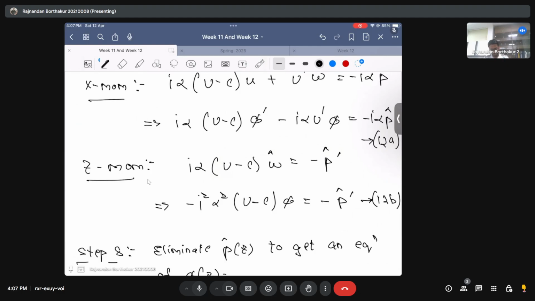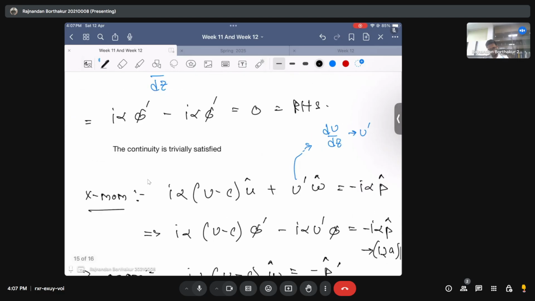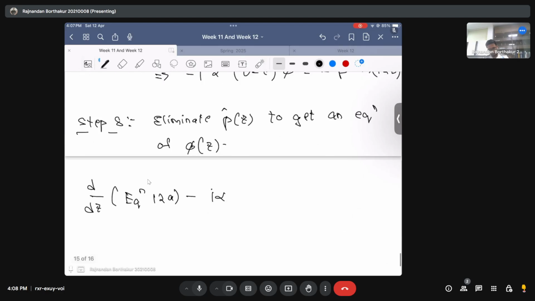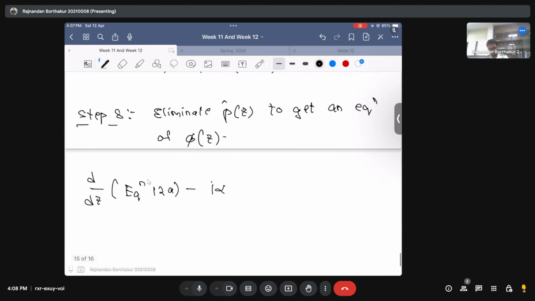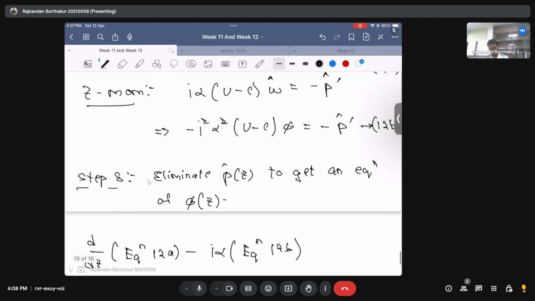So we'll do d/dz of equation 12a minus i alpha times equation 12b. That's what we will do.